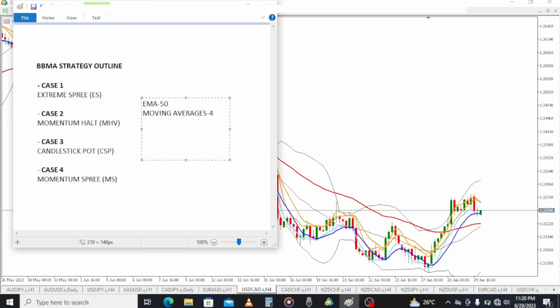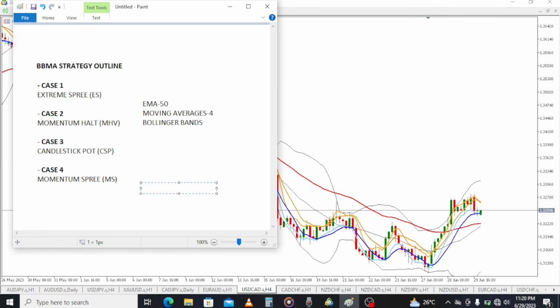And last but not least, we need the Bollinger Bands. With these three powerful indicators, we are going to create our strategy and be able to make some profit out of it. I'll show you how I did profit with these conditions.